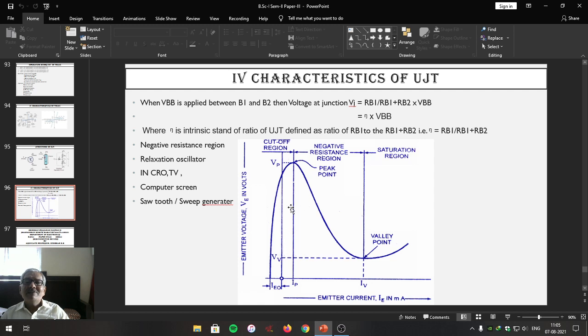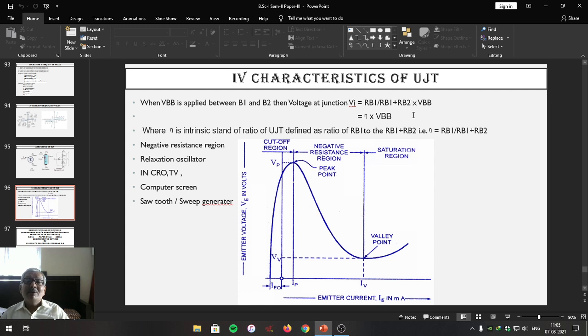Very important aspect is it has a negative resistance region. It conducts the current maximum when voltage across the junction equals Vp, and that is eta times VBB plus Vd, where eta is Rb1 upon Rb1 plus Rb2.